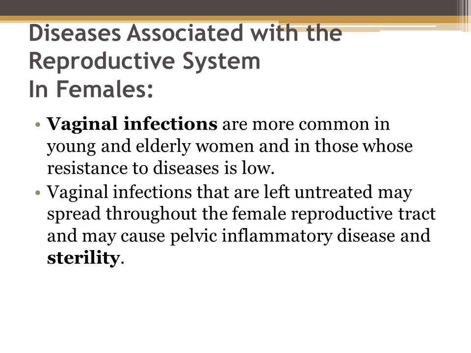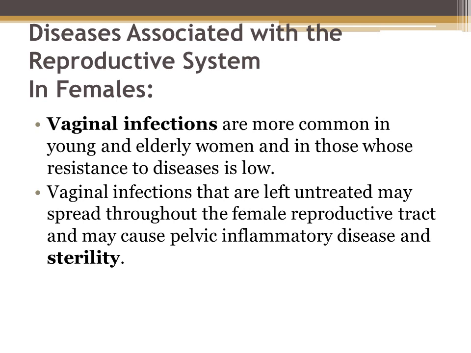Now, let's talk about the diseases associated with the reproductive system. So let's start with the female. In females, we have the vaginal infections, which are most common in young and elderly women and in those whose resistance to diseases is low.